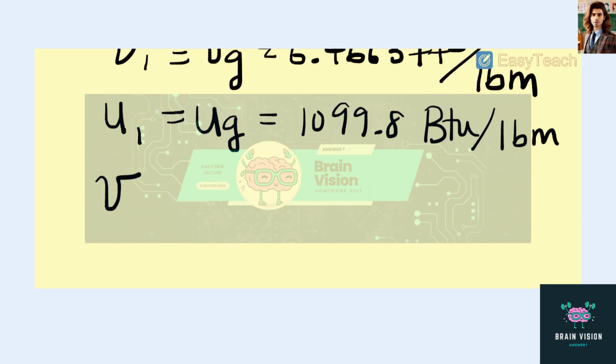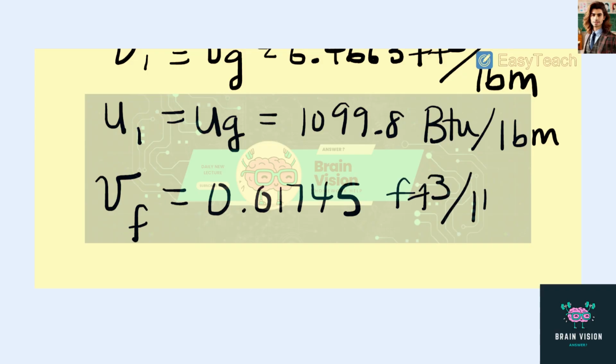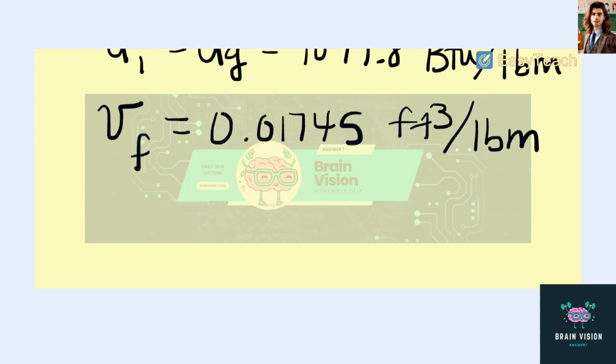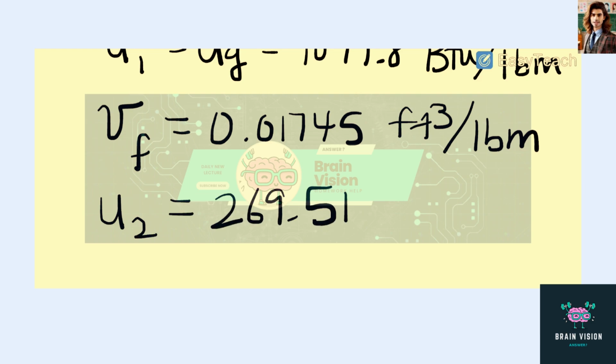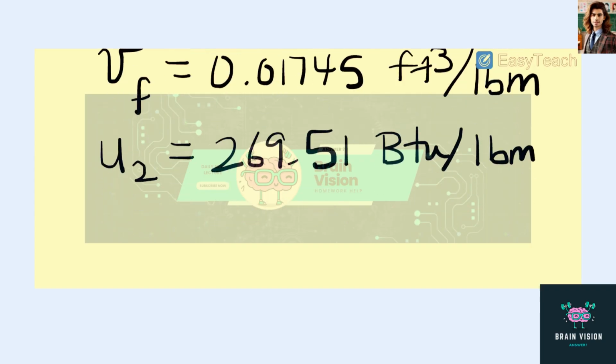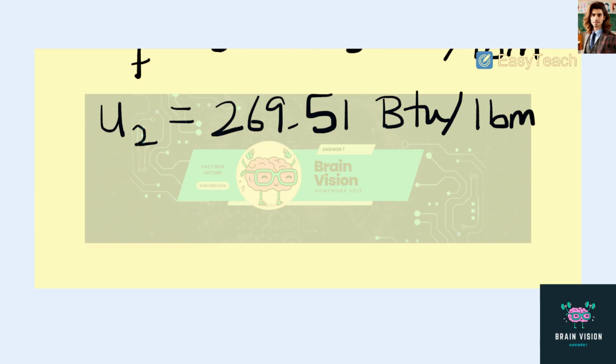And our specific volume final is going to be equal to 0.01745 feet cubed per pound mass. And likewise, our specific energy at 2 will be 269.51 BTU per pound mass. So also, from our steam table, we're going to look at the line quantities.